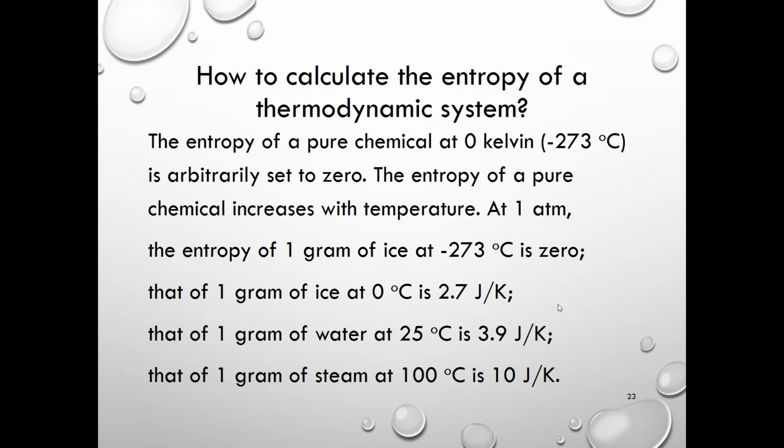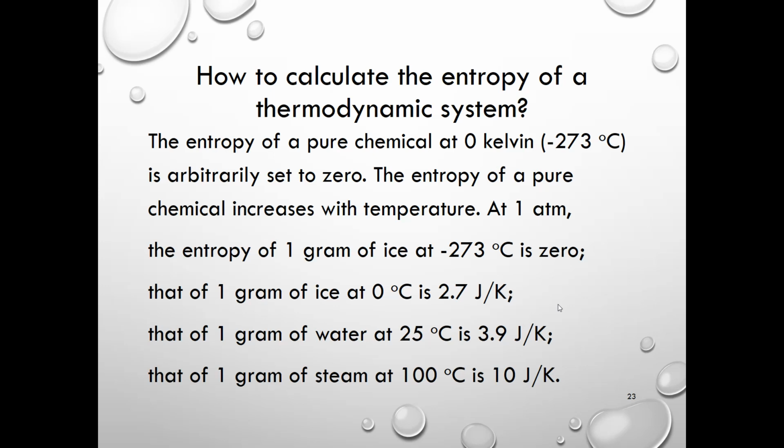And then the entropy of a pure chemical at a different temperature can be calculated based on the zero reference. Under 1 atm pressure, the entropy of 1 gram ice at negative 273 degrees Celsius is just 0.